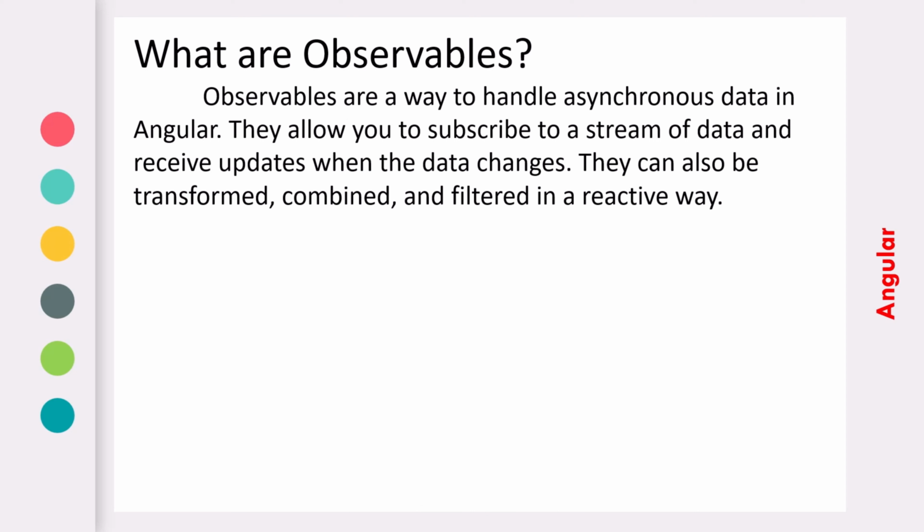Observables can be created from many sources like events, timers, and HTTP requests. Also, they are composable, meaning they can be transformed and combined to create a new stream of data. Overall, observables provide a powerful and flexible way to manage asynchronous data in Angular applications.